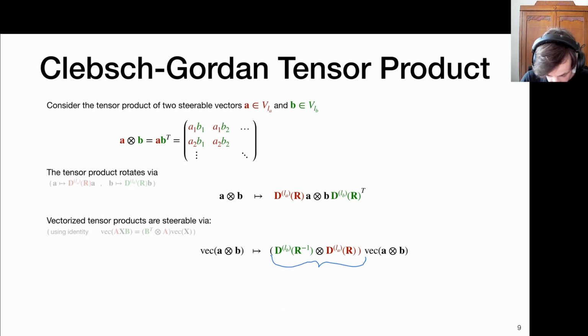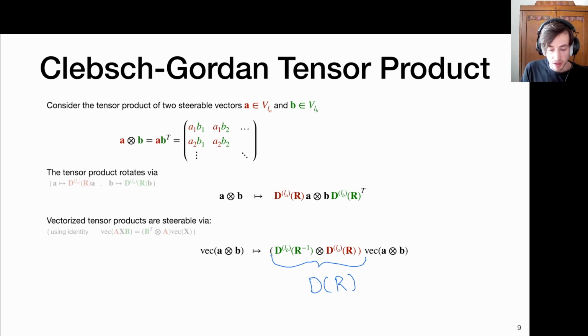So maybe let's just write: this is one big matrix that depends on R, and it is a representation. Okay, so what does it tell us? It tells us that if I take a tensor product between two steerable vectors and I flatten it via this vectorization, then this again gives us a steerable vector which transforms via this representation.